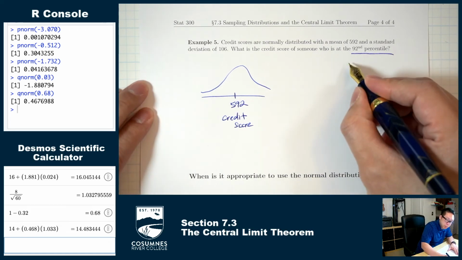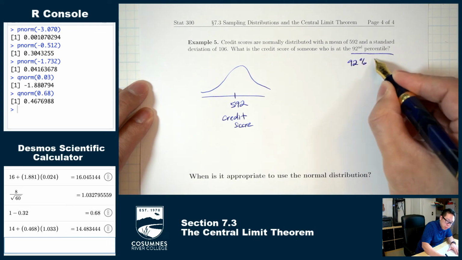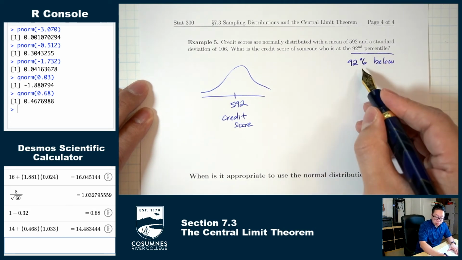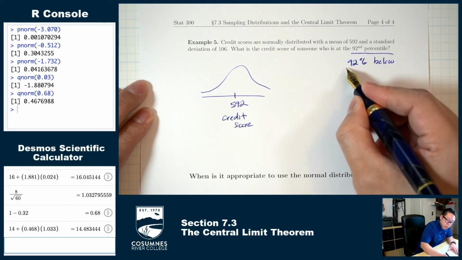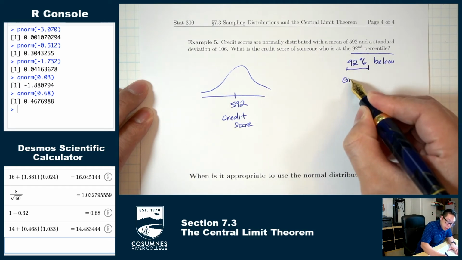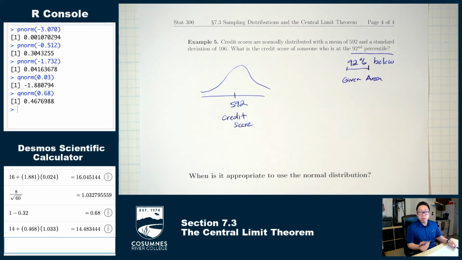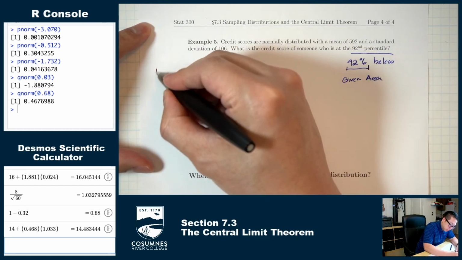So 92% below. I'm giving you a percent, I'm giving you 92%, so I'm giving you an area, which means this would have to be an area to x problem if I'm giving you area to start. So this is area to x.